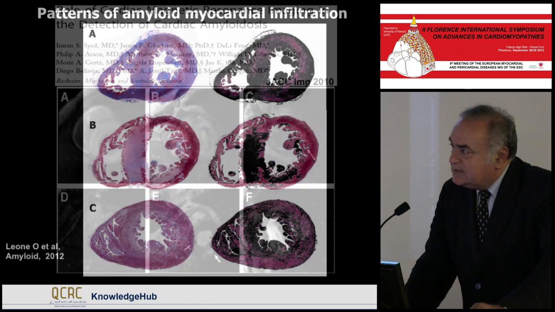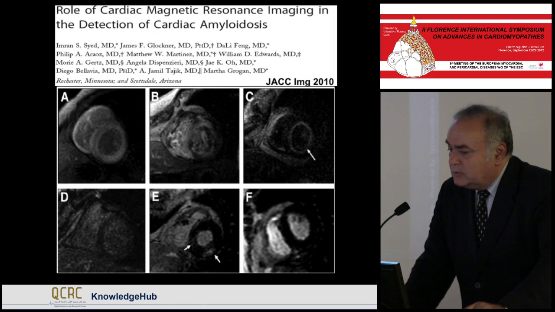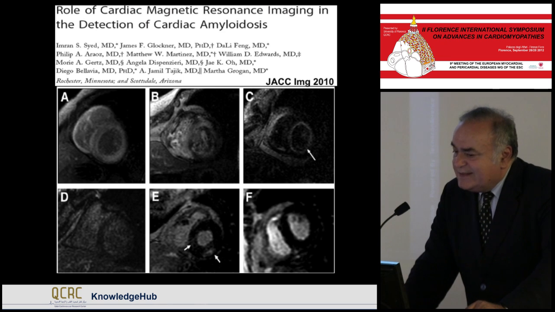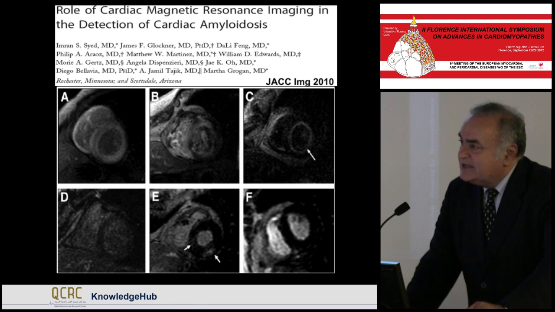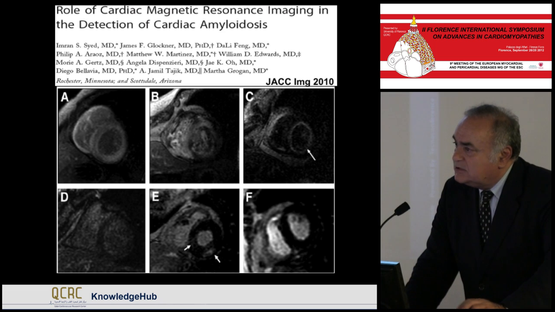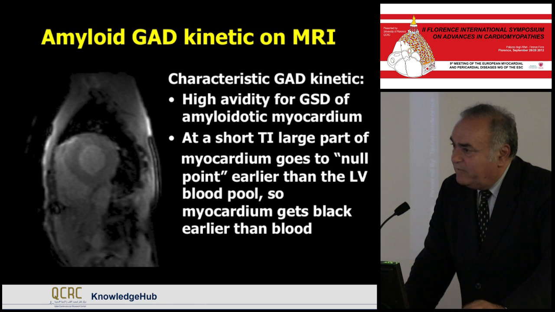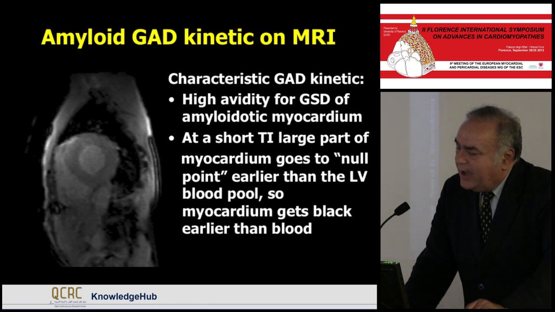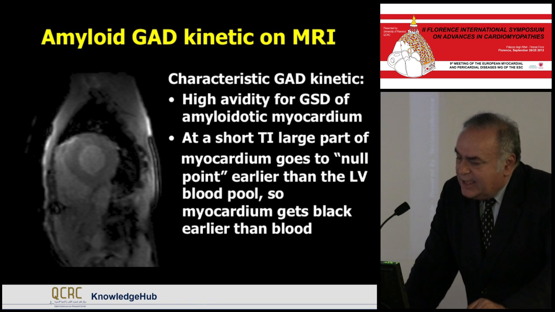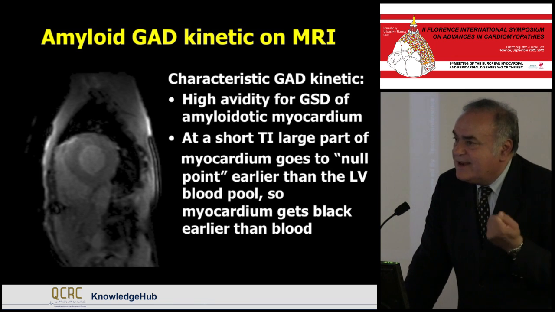The most recent papers dedicated to magnetic resonance show the same variability, the same spectrum, also on MRI. But probably the most typical sign of amyloid infiltration is this, the avidity of the myocardium for gadolinium. At a short T1, a large part of the myocardium goes to the null point earlier than the blood. So the myocardium, as you can see, gets black earlier than the blood.